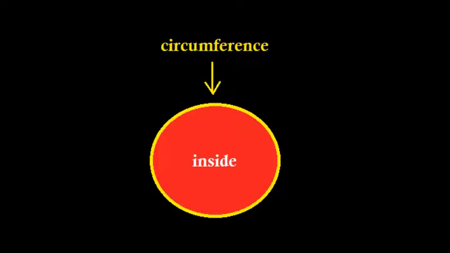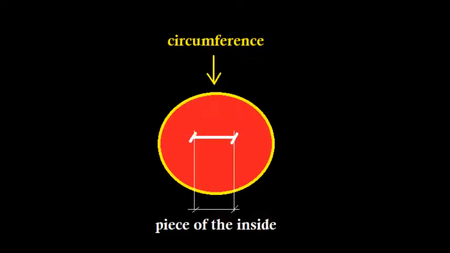And so the problem is that you cannot take a piece of the inside of this particle, because that would mean that this piece would be smaller than the outer circumference. And so the inside contradicts the fact that the circumference is defined as the smallest thing. So the smallest particle can't possibly have an inside part.